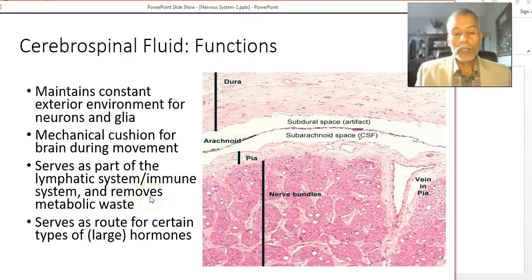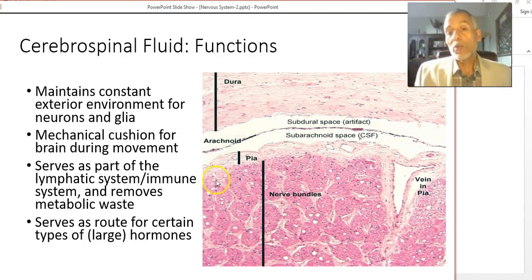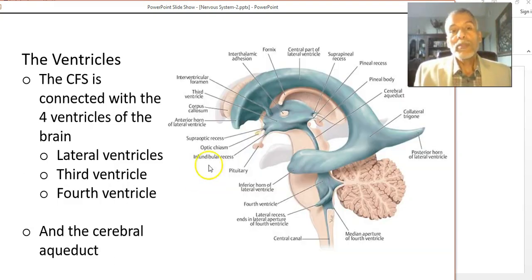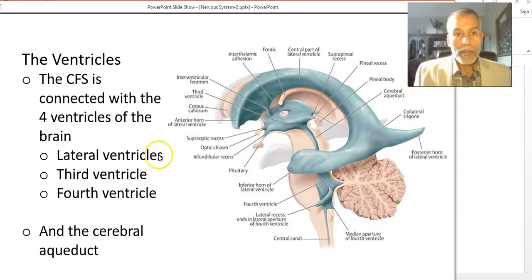One way, for example, for us to see if the brain has an infection, because the cerebrospinal fluid is continuous between the brain and the spinal cord, is a spinal tap where they take fluid out of your spinal cord. They will know what is happening in your brain, and they will be able to diagnose meningitis, for example.